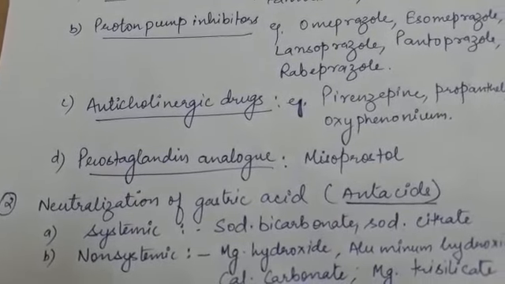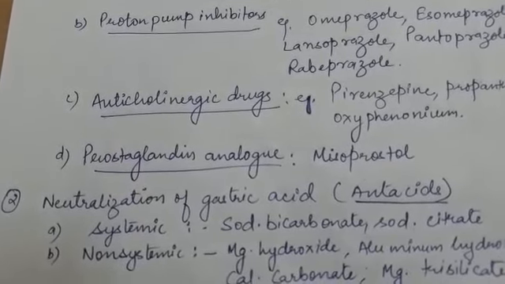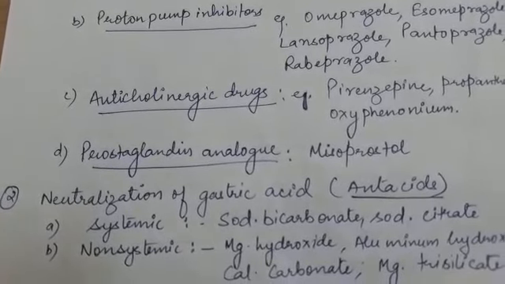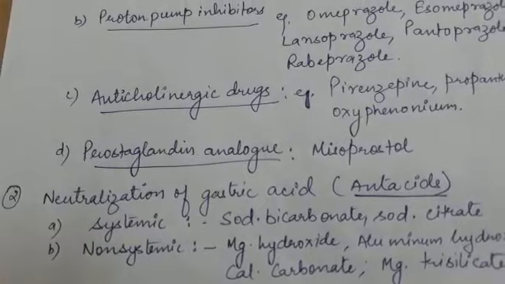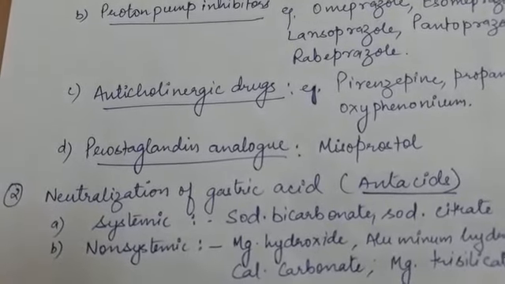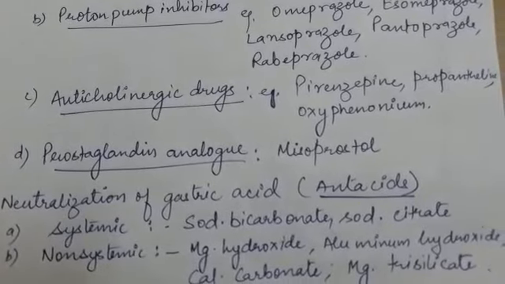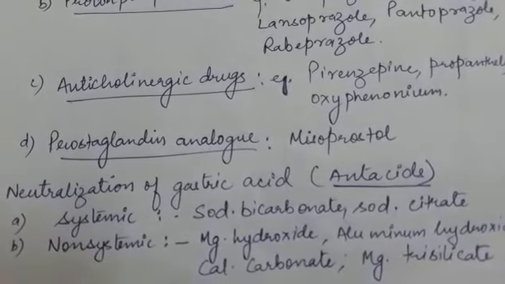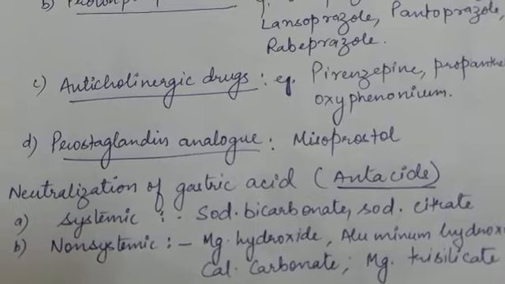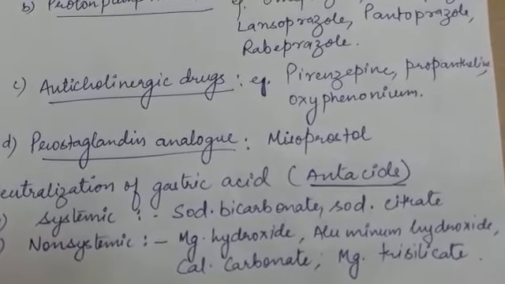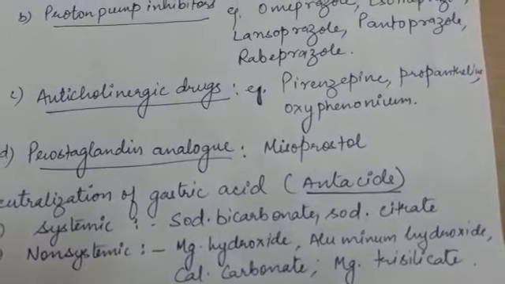The gastric acid which is secreted has to be neutralized, and for this the drugs are antacids. In this class there are two subclasses. First are systemic antacids. Examples are sodium bicarbonate and sodium citrate. The second subclass is non-systemic antacids. Examples are magnesium hydroxide, aluminium hydroxide, calcium carbonate, and magnesium trisilicate.